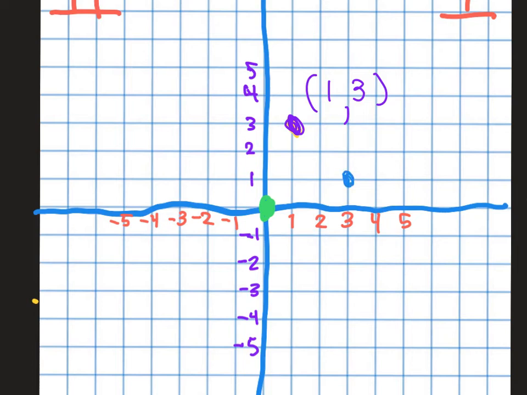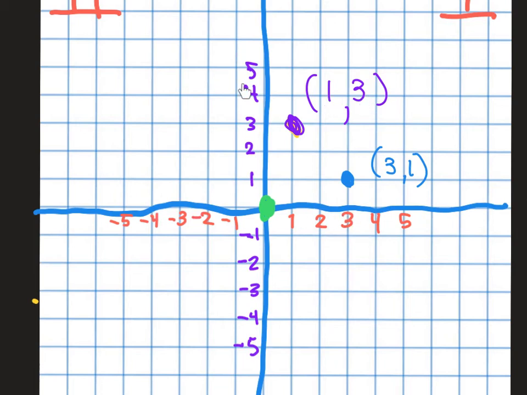If I wanted to do this blue dot right here, starting at the origin, traveling sideways first, I would travel 1, 2, 3, and then I would travel up 1. So his location is just backwards of this guy's location. First number is sideways. First number is your X number.